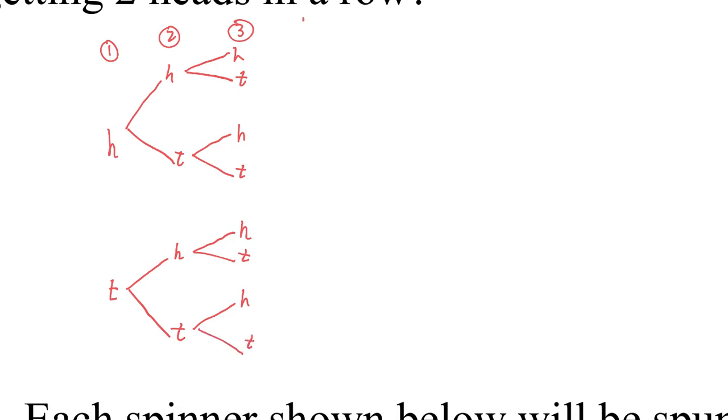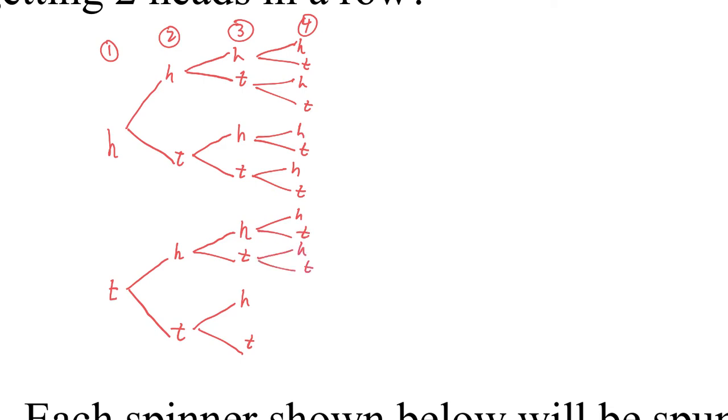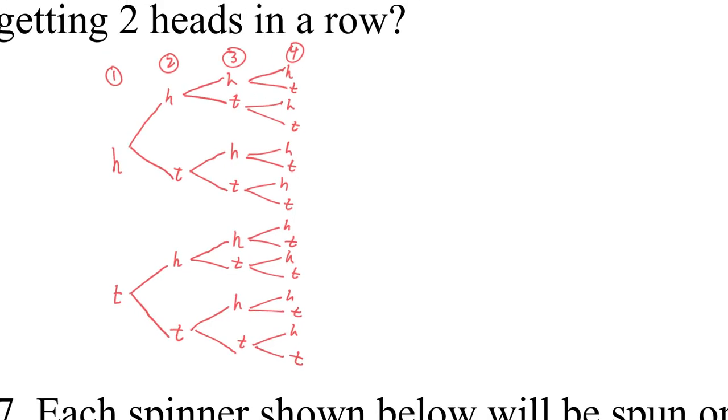On the fourth toss, we could get, once again, heads, tails, heads, tails, all the way across. So that's the sample space, all the possible outcomes.